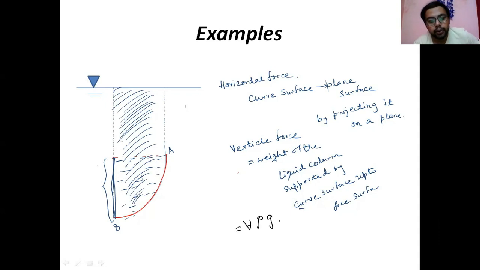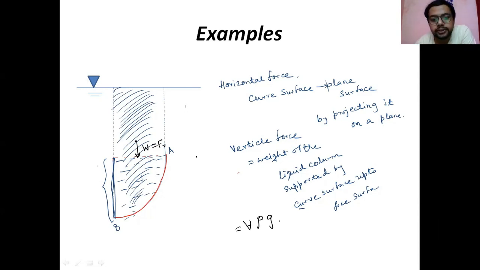The weight acts downwards from the centroid. So for this liquid, the centroid is somewhere here, and it acts downwards. That is nothing but the vertical force acting. So W is equal to Fv. That is the consideration.